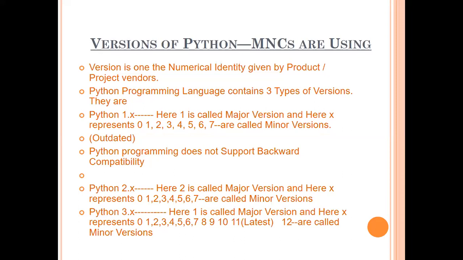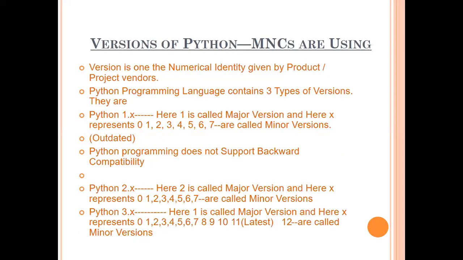So if we want to work in 1.x, 1.3, 1.4, we will be unable to work in that. Why? Because it does not support backward compatibility. Now we'll talk about Python 2.x. Again, 2 is the major version and x represents the minor version.